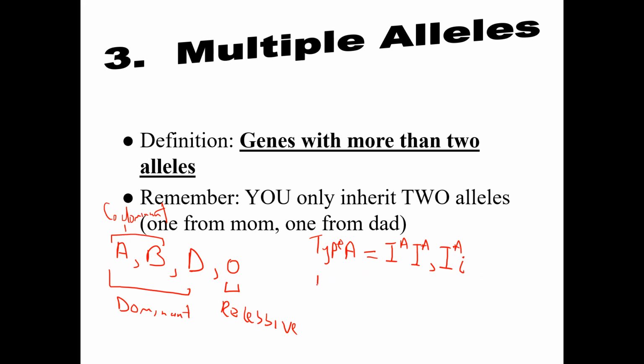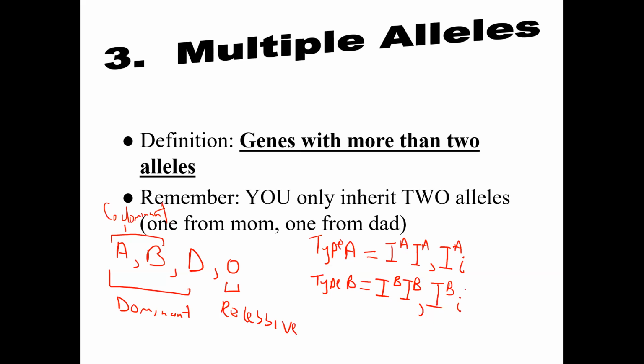If your blood type is B, I think somebody said the blood type was B. Remember, I'm leaving off the rhesus factor. Then your blood type can be like this, which is probably unlikely. More likely than not, this is your blood type. Right?